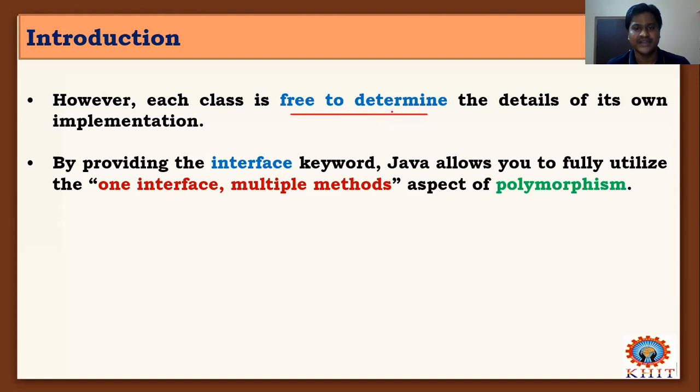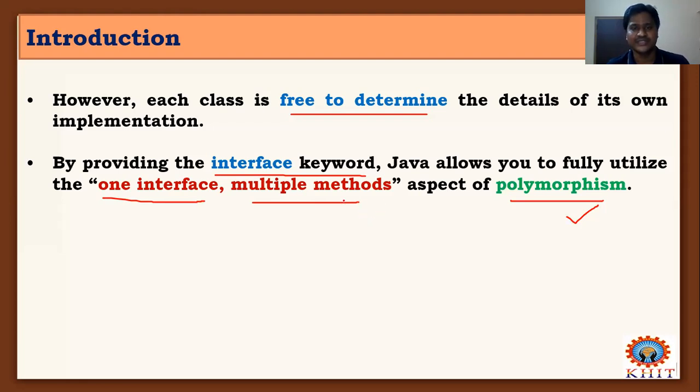They can determine or implement the methods on their own in the subclasses. Next, by providing the interface keyword in Java, it allows you to fully utilize the aspect of polymorphism, and we can implement polymorphism perfectly. The concept is nothing but one interface, multiple methods.